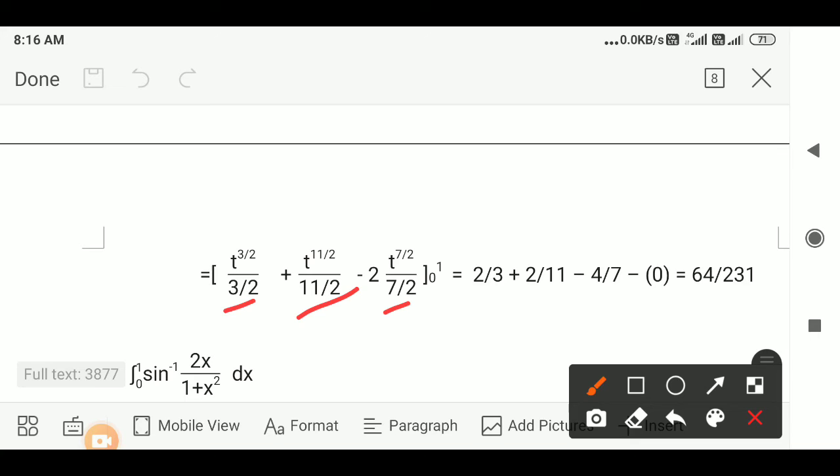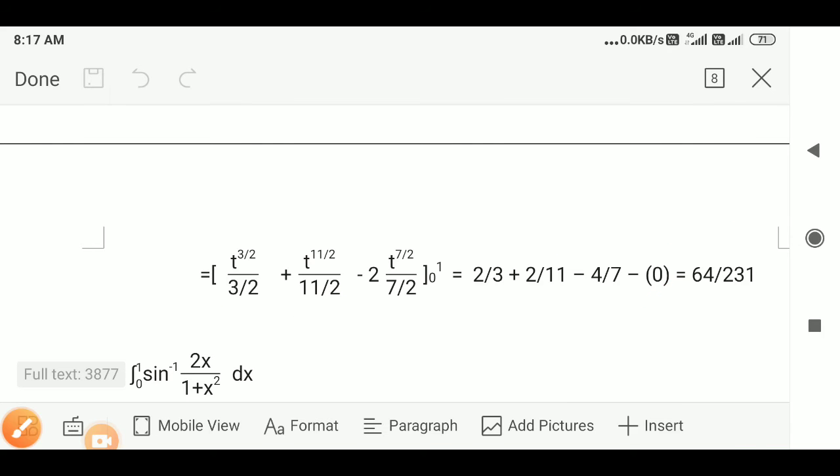Now put the value of 1 in place of t and minus 0 in place of t. So after putting t equal to 1, you get first 2 by 3, second 2 by 11, minus 4 by 7, and minus, if you put 0 in place of t, you get each term 0, so minus 0. After calculation of all these, we get 64 upon 231. So this is the result.